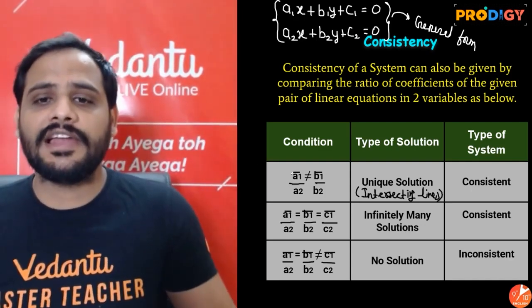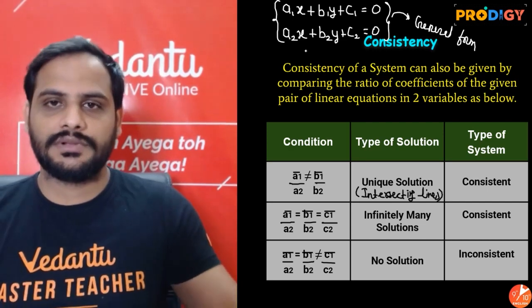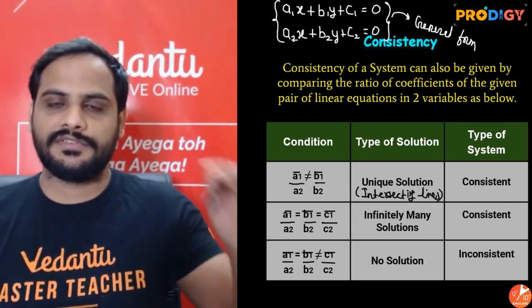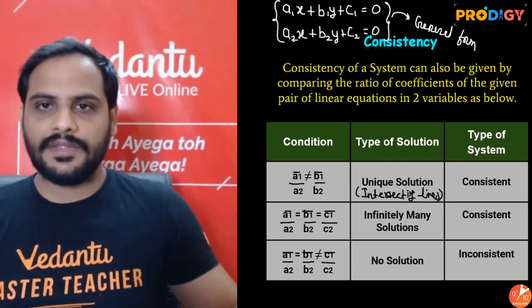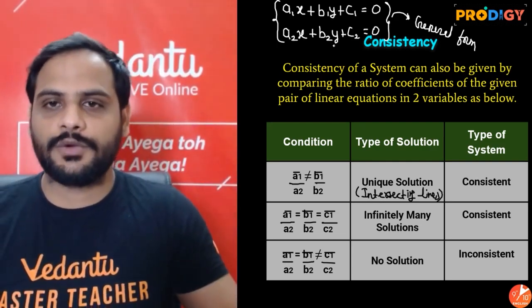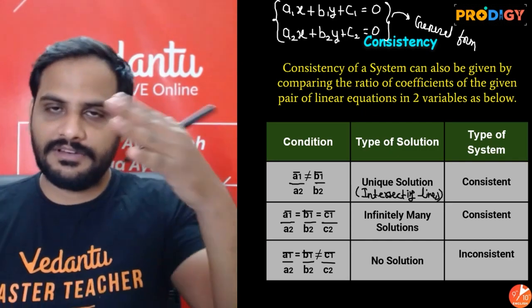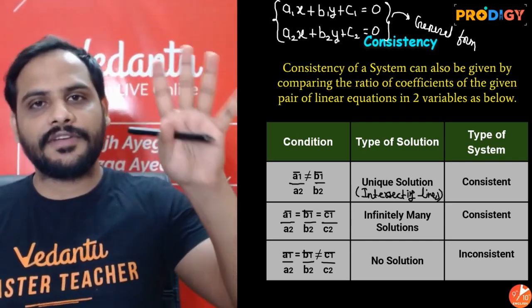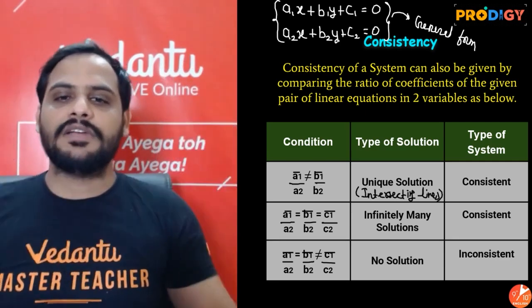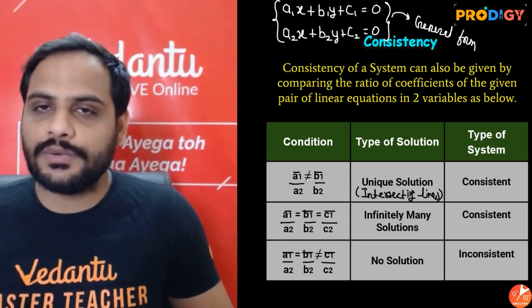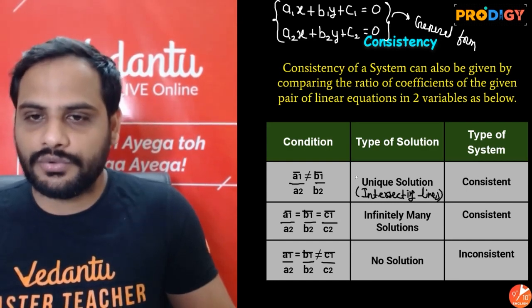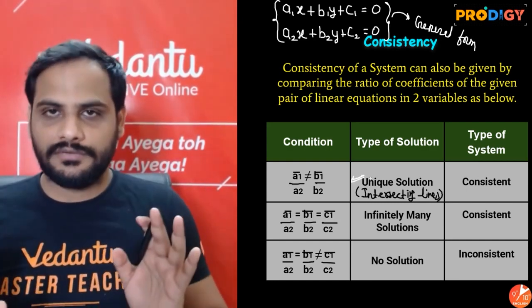So the coefficient of x in the first equation and the coefficient of x in the second equation, dividing them, will give A1 by A2, and the coefficient of y in the first equation and the coefficient of y in the second equation, dividing them, will give B1 by B2. So if A1 by A2 is not equal to B1 by B2, it means there will be a unique solution.